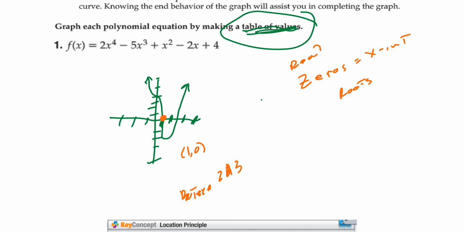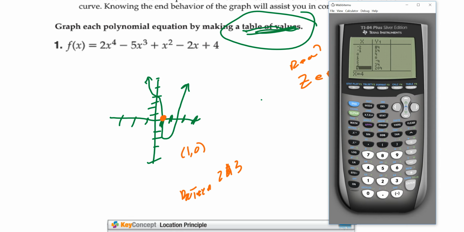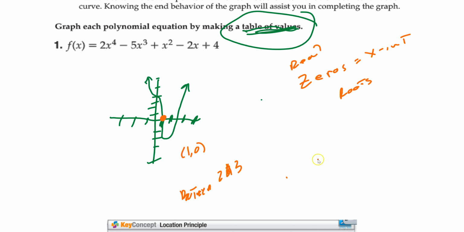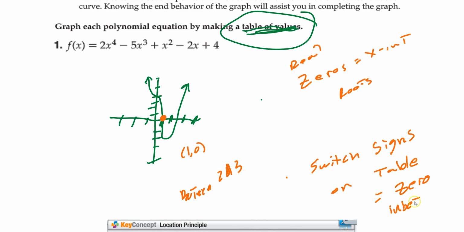Now, if I bring back my table, look what happens between 2 and 3. See what happens there? It goes -4 to 34. It switches signs. So that's a good way to tell when there's a 0. Anytime you switch signs on a table, you know you had to cross 0 at some point. Right, the only way I could get from down here to up here is I had to cross the x-intercept, the x-axis at some point.